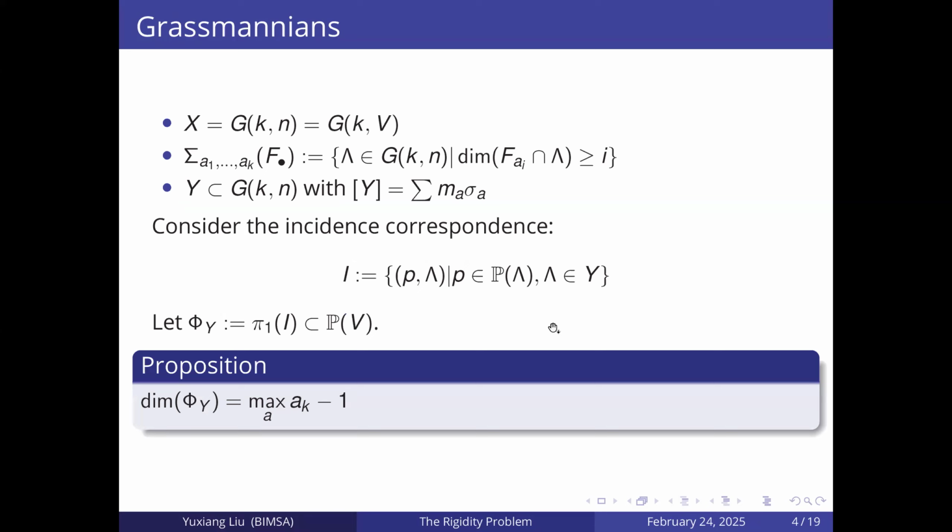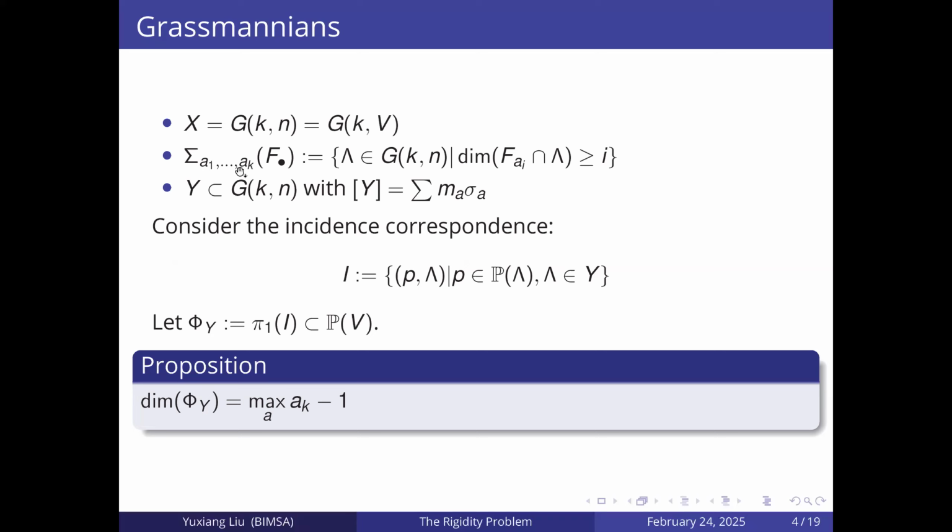So first, the Grassmannian case. Let X be the Grassmannian variety G(k,n) that parameterizes all k-planes in n-space. Here we fix a complex vector space V of dimension n. The Schubert varieties are defined using a reference flag F as well as an index.